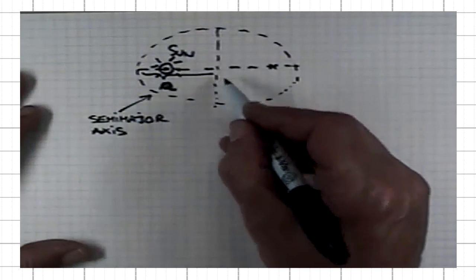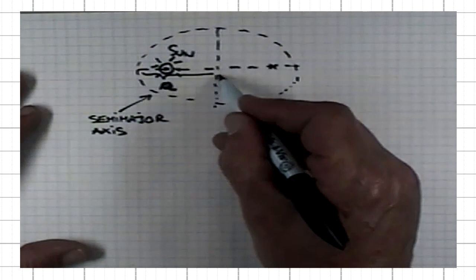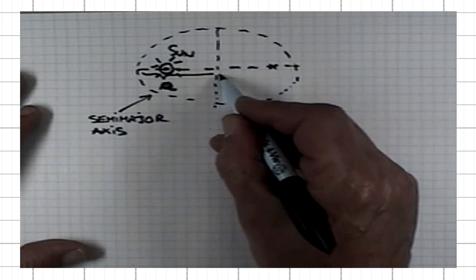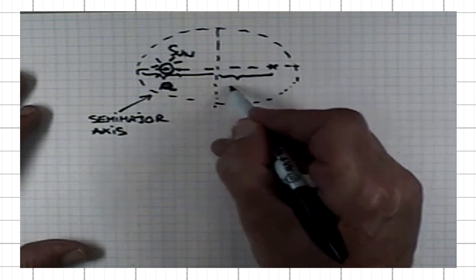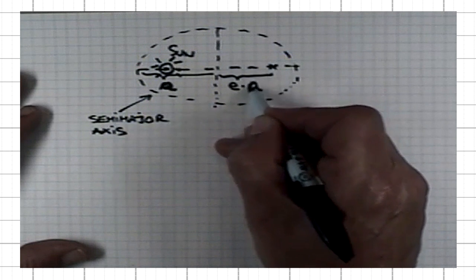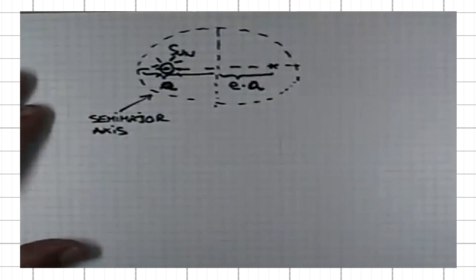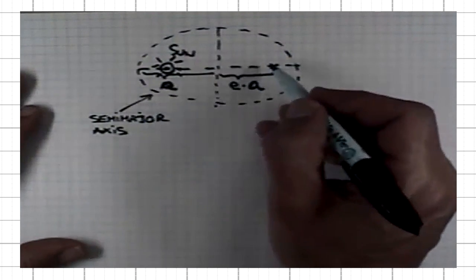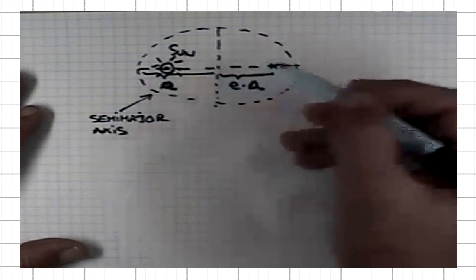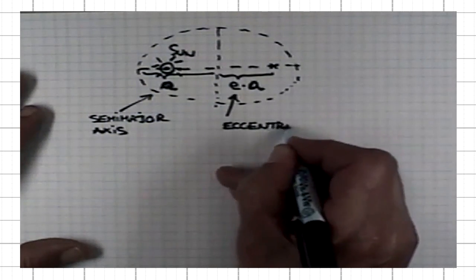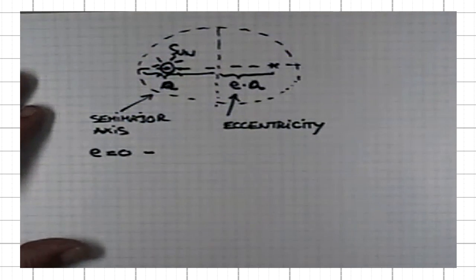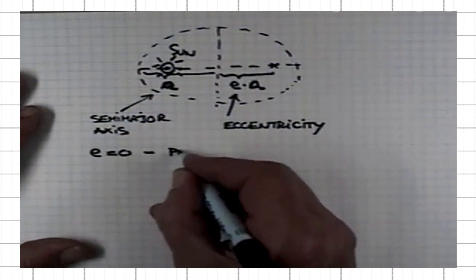And if I multiply the size of the semi-major axis with the eccentricity, I will get the distance between either one of these two foci and the center of the ellipse. So when eccentricity is 0, then we have a perfect circle.